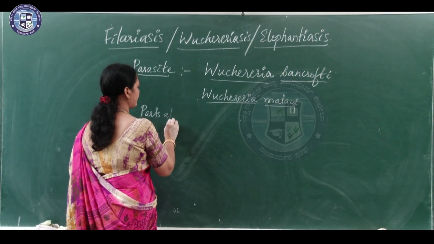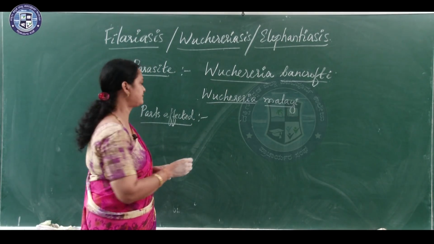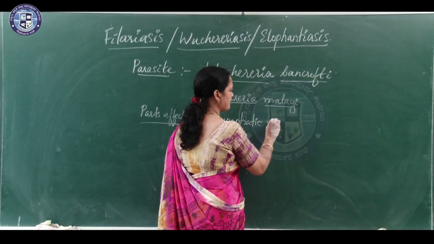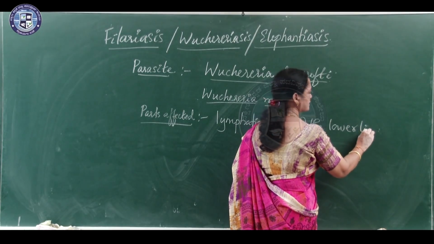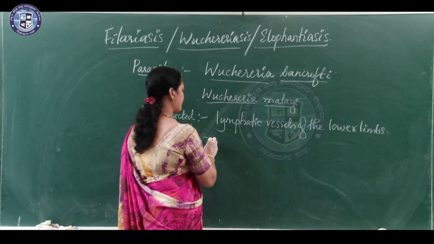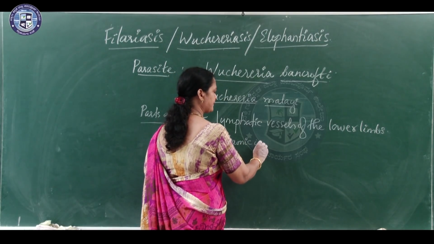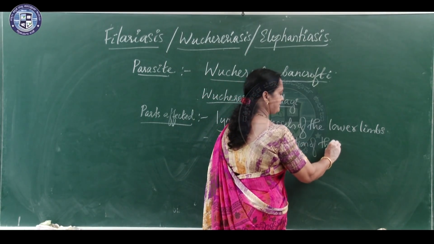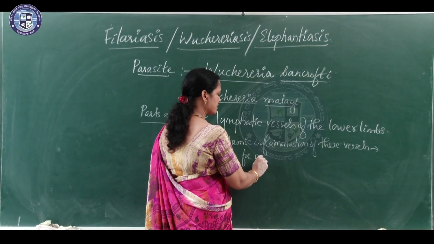Parts affected. Lymphatic vessels of the lower limbs, and actually there will be chronic inflammation of these vessels for many years.